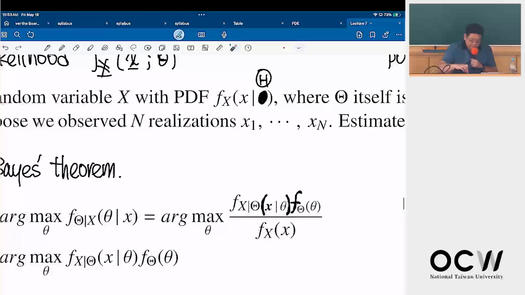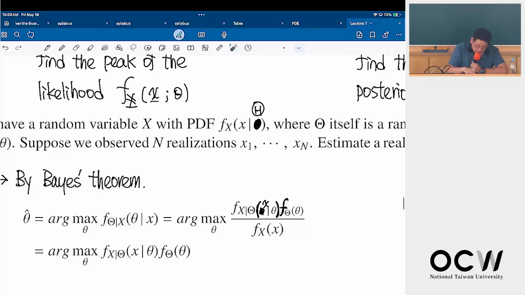By Bayes theory, I have the conditional PDF of x given theta, and then we multiply by the prior distribution, divided by the PDF of x.